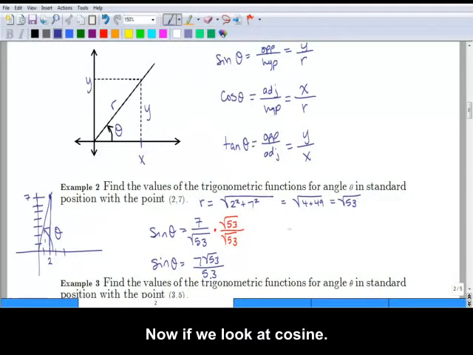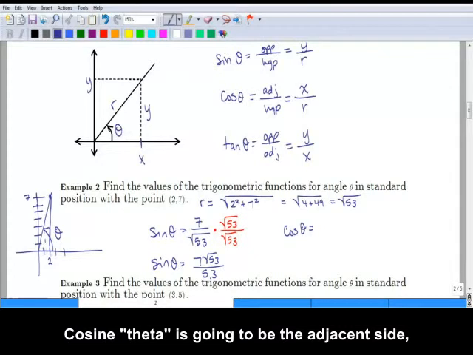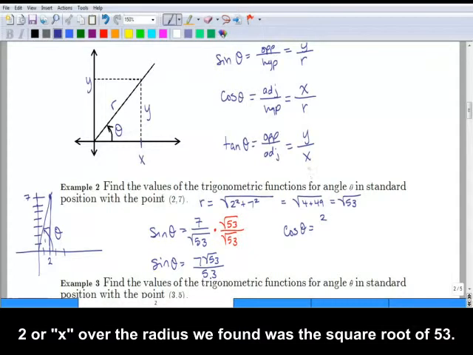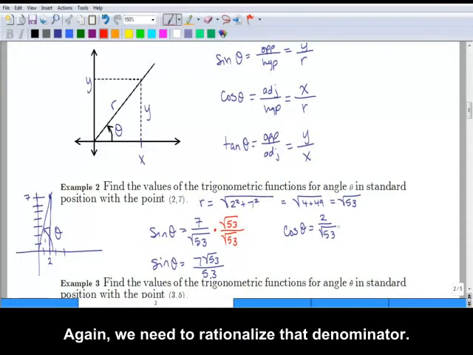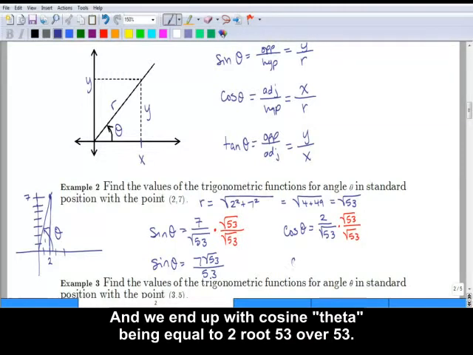Now, if we look at cosine theta, it is going to be the adjacent side, 2, or x, over the radius we found, which was the square root of 53. Again, we need to rationalize that denominator. And we end up with cosine theta being equal to 2 root 53 over 53.